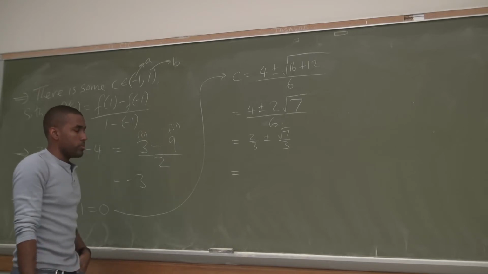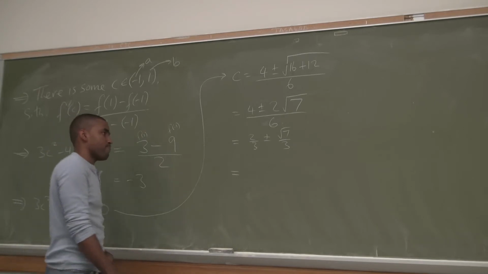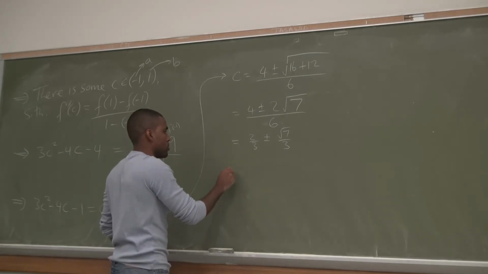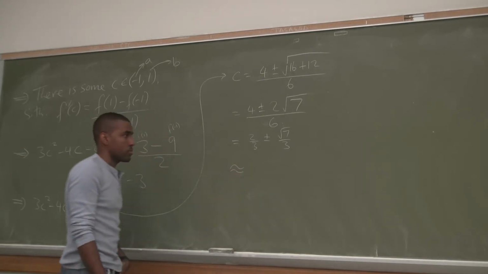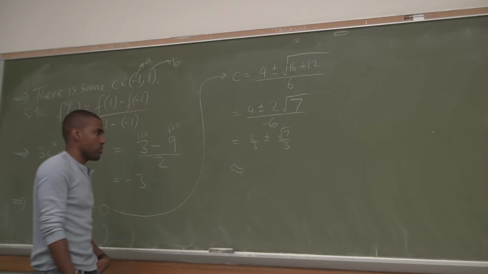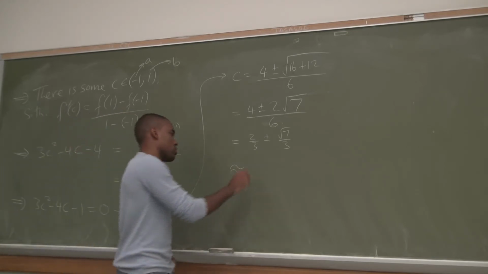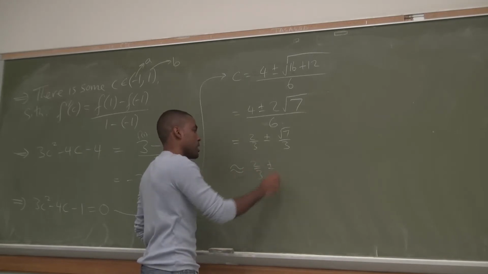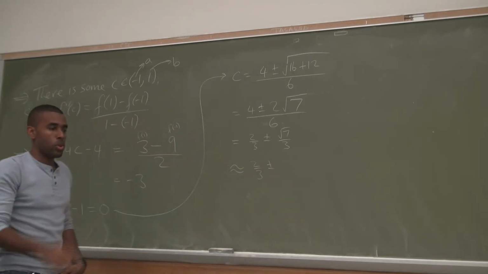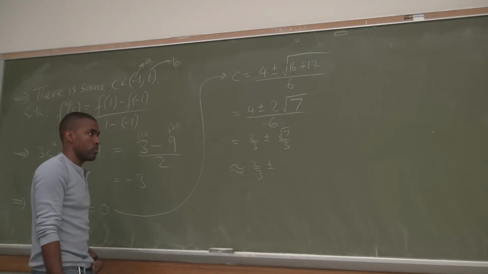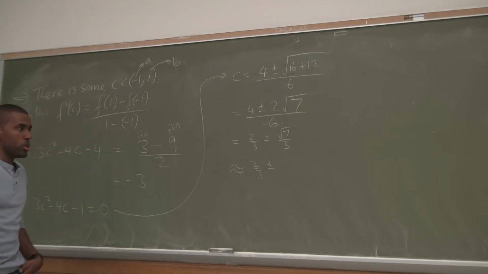So what is this roughly? This is roughly 2/3 plus or minus. Radical 7 is roughly what? It's 2 point something. It'll be between radical 4 and radical 9, so it's somewhere between 2 and 3.